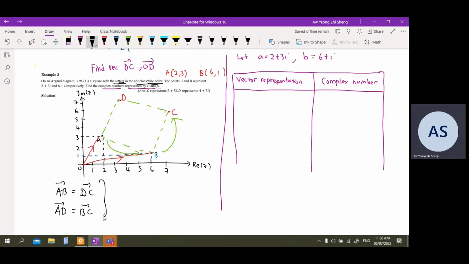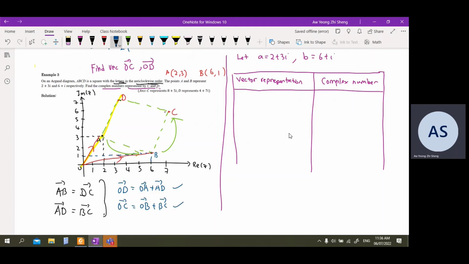Okay, so we'll use this information later. To obtain the vector OD, I can just travel from O to A, followed by A to D. I can find OD by taking OA plus AD. I'll use this later as well. And I can also find vector OC by taking the path O to B followed by B to C. We'll use this later.